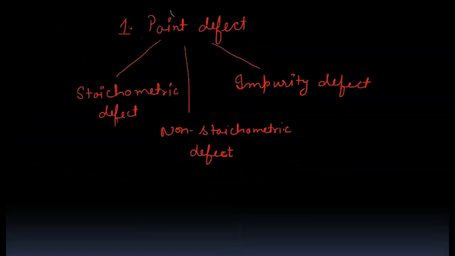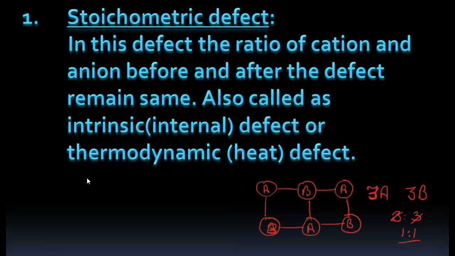Next, point defect has three types. First is stoichiometric defect, second is non-stoichiometric defect, and third one is impurity defect. So these three defects we will discuss in this video. Now first is stoichiometric defect.